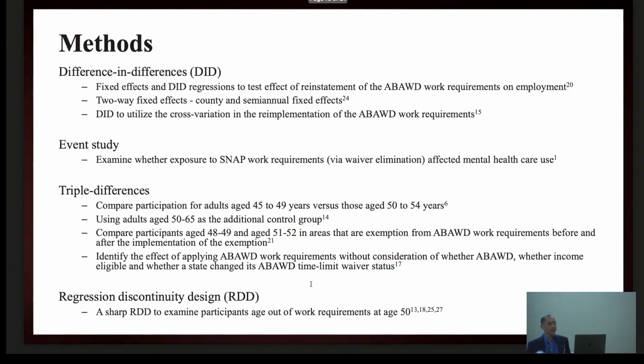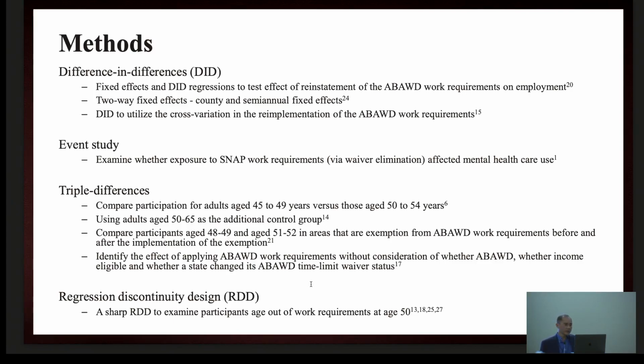In terms of methods, diff-in-diff, two-way fixed effects, and really just to utilize the cross variation in the re-implementation of the work requirements that I've mentioned before. Another study has used event study to examine whether exposure to SNAP work requirements affected mental health care use.